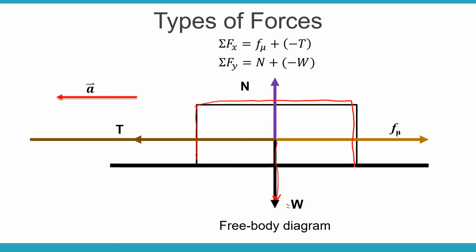Dan bila force perpendicular to the surface, okay, this block is on the plane surface, so dia punya perpendicular force adalah normal force N. And then this is the tension. Mungkin ada tali kat sini, rope ke apa ke. So ini kita panggil dia sebagai tension.